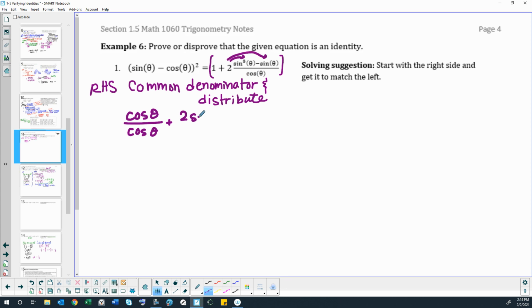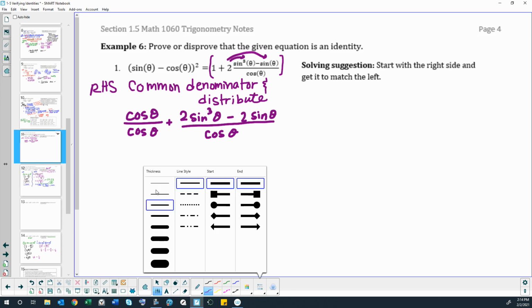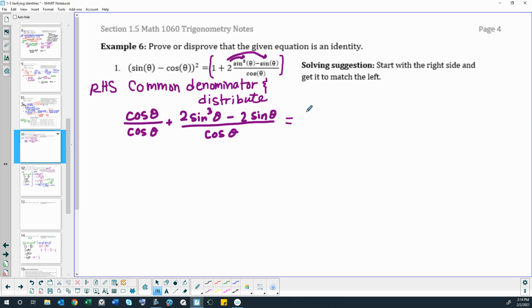So 2 sine cubed theta minus 2 sine theta over cosine theta. Alright, so that gives us, simplified, cosine theta. I'm just adding everything all the way across.